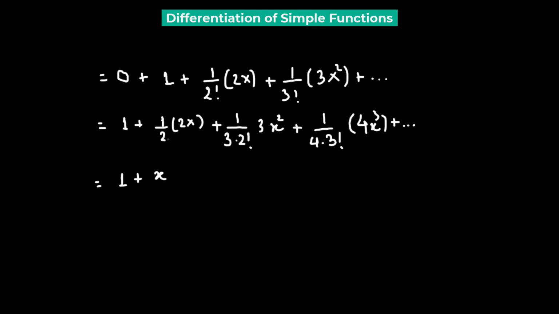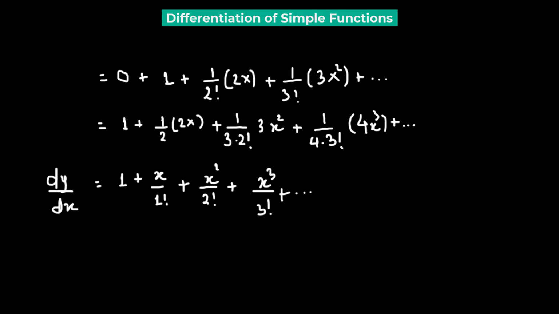So 2, we have 1 remaining, so 1 can be written as 1 factorial, plus x squared over 2 factorial plus, 4 and 4 get cancelled, so we have x cubed over 3 factorial and the rest of the remaining terms. So this is going to be the derivative of the given function y.